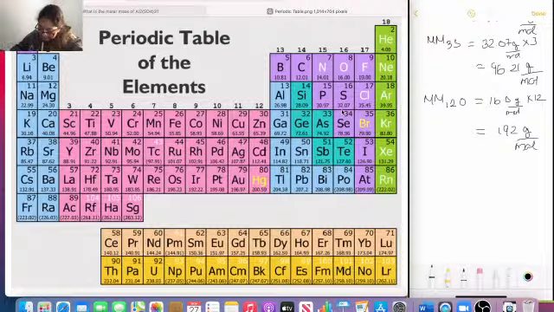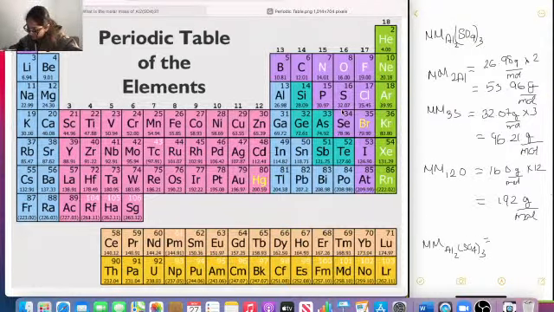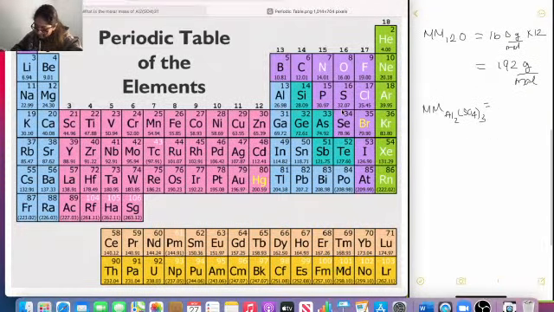Okay, and now lastly, we just have to add all of the numbers together. So it would be 192 plus 96.21 plus 53.96, and I get 342.17 grams per mole.